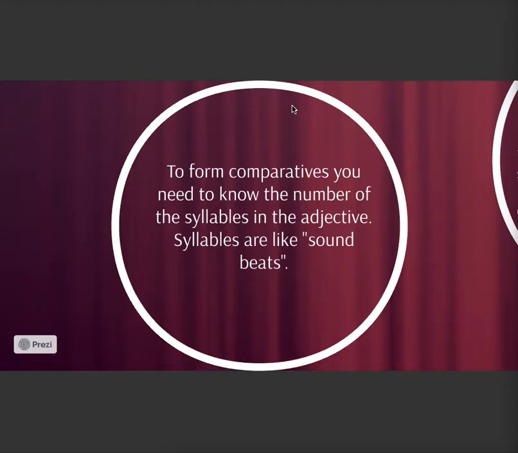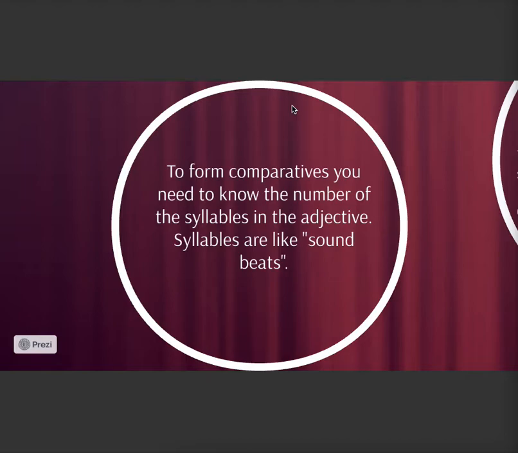Comparatives. ¿Cuántas sílabas tenemos ahí, amores? Cuenten con los deditos. How many syllables? 4. Comparatives. Very good.